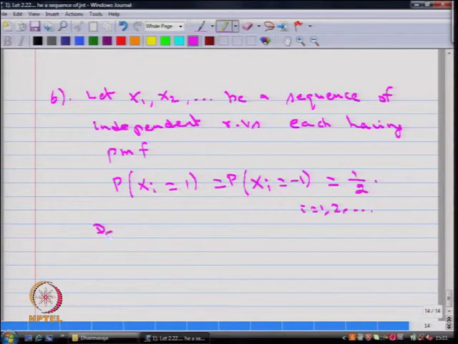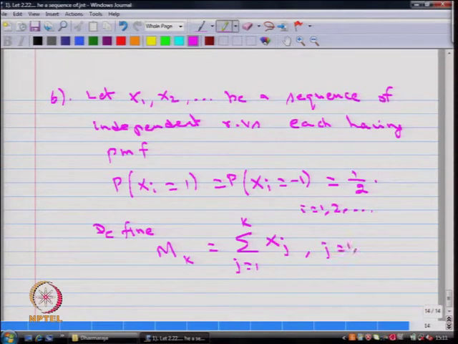Define M_k as the sum of first k X_i random variables. So, this running index is k equal to 1, 2 and so on. So, we are defining a sequence of random variables M_k by summing first k X_i random variables.